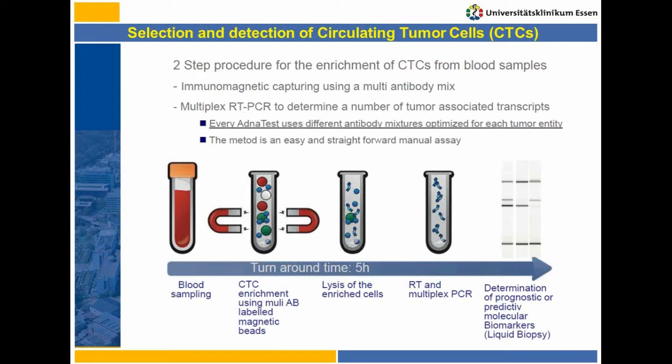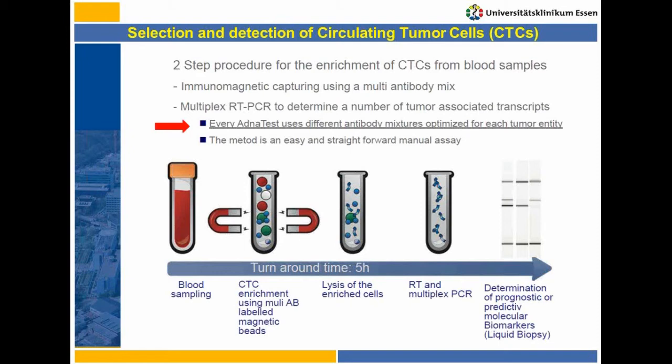Of course, you can interrupt after lysis of the cells. You can put them into a freezer. Within the next 2 weeks, you can do cDNA preparation and store the cDNA and prepare the PCR whenever you want to.